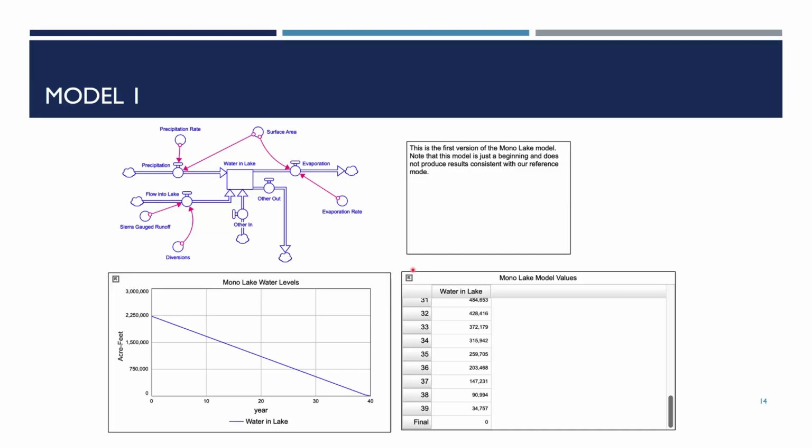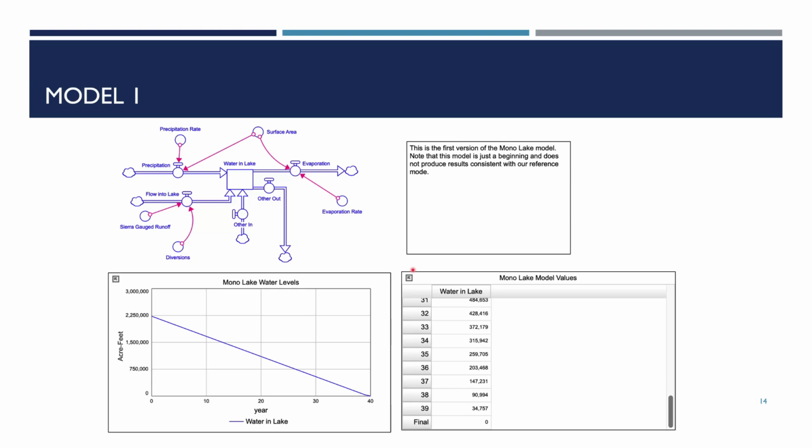And so as we do this and recognize the lake is shaped more like a bowl than a cylinder, this is going to be their first task. Their first task is going to be to make this model look like the reference mode. And so when we do that, we give them some information that is the actual information relative to the lake.